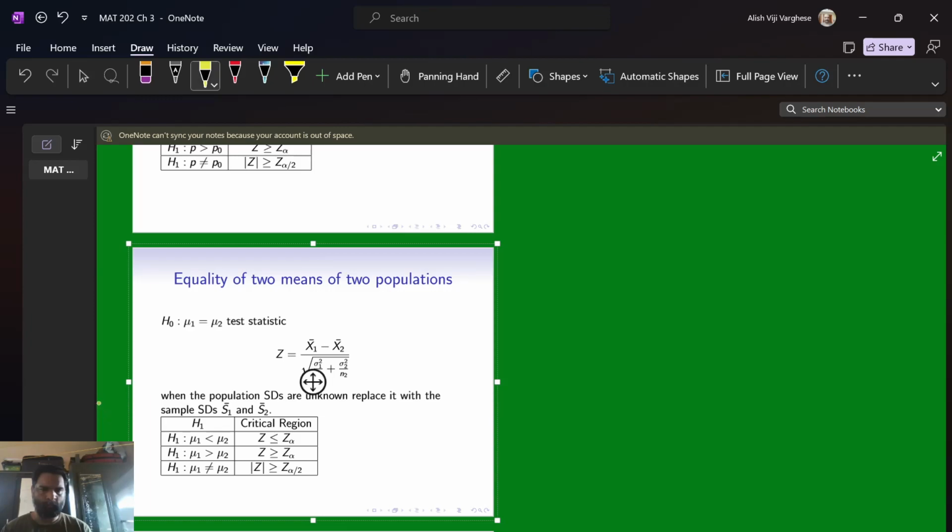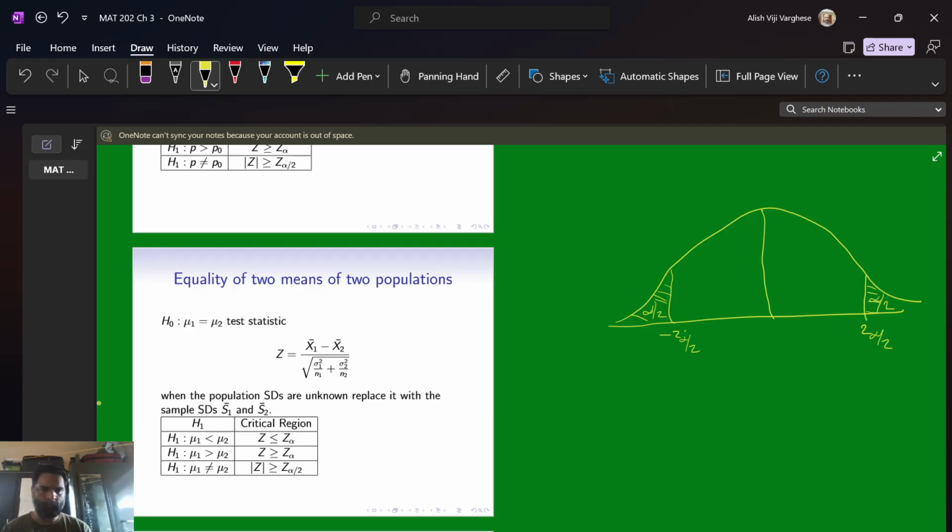If we consider the normal distribution, then Z alpha by 2 is a value such that these two tail probabilities are alpha by 2, and this is Z alpha by 2, and this point is minus Z alpha by 2.